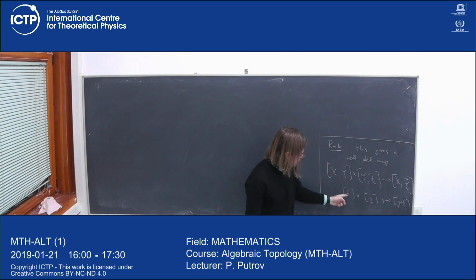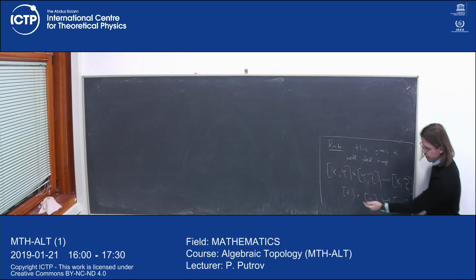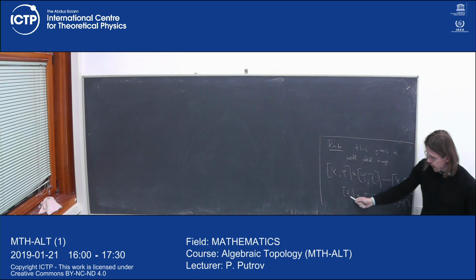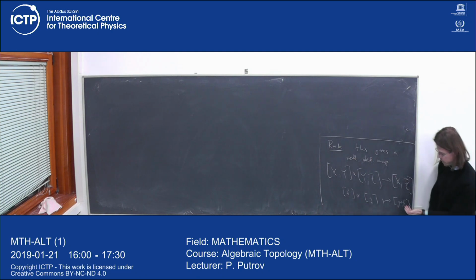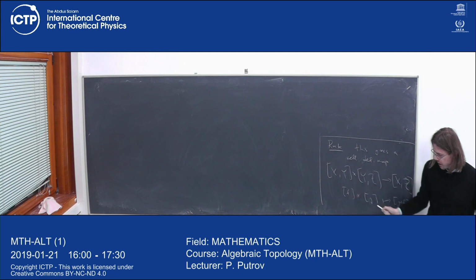If I say that the map is given by this, I have to show that it doesn't depend on the choice of representative, because in the definition of the map, I choose particular representatives in this quotient. So I have to show that it doesn't depend on the choice of representative.